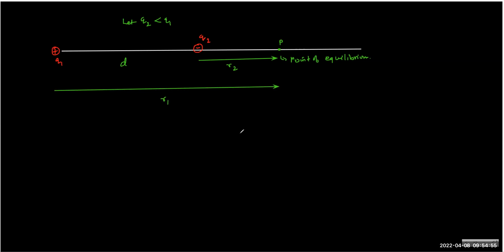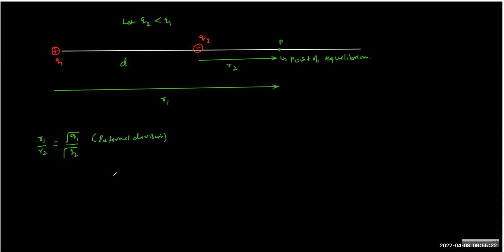So r1 by r2 will be the external division. Understood? Yes, sir.